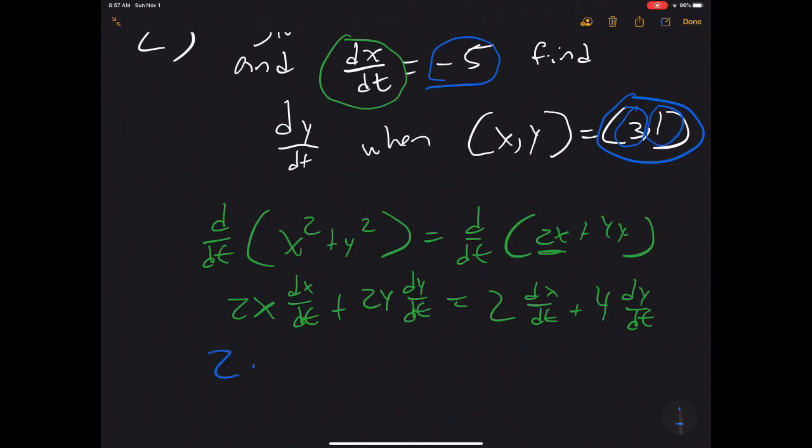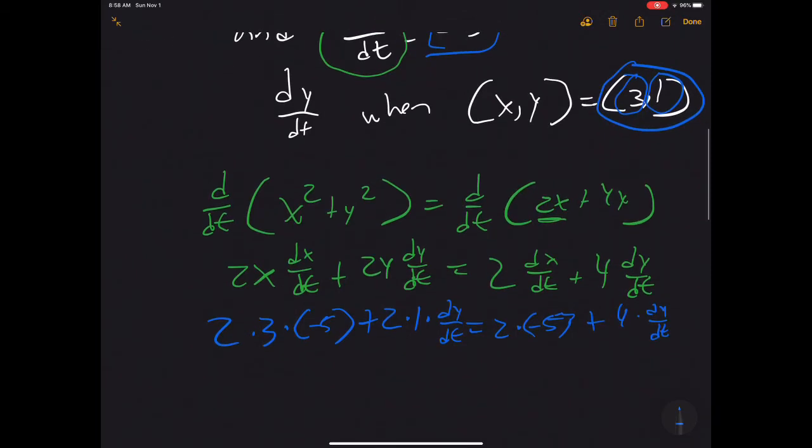2 times x, which is 3, times dx/dt, which is negative 5, plus 2 times y, which is 1, times dy/dt, I just keep it, equals 2 times dx/dt, which is negative 5, plus 4 times dy/dt.